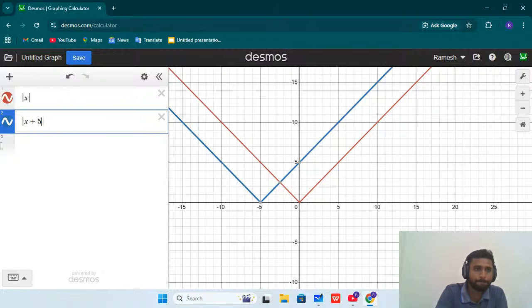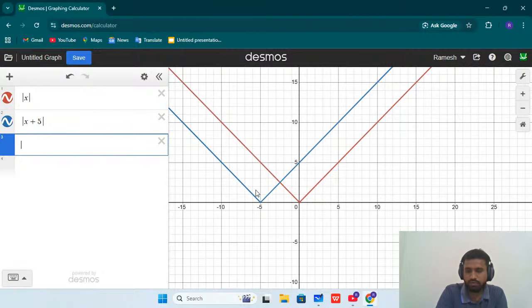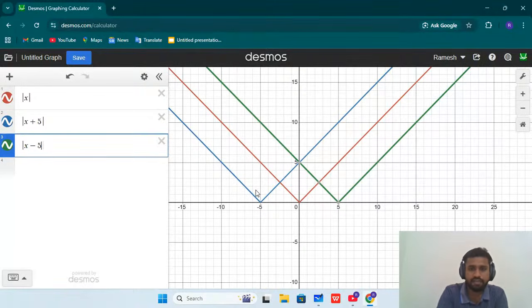One more expression: now we will give modulus of x minus 5. How will the transformation be? The graph will be shifted 5 units to the right side. The green one is mod x minus 5. The red one is mod x, and this blue graph is for mod x plus 5.